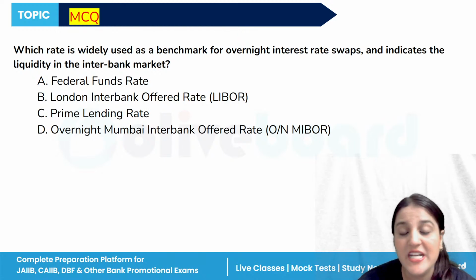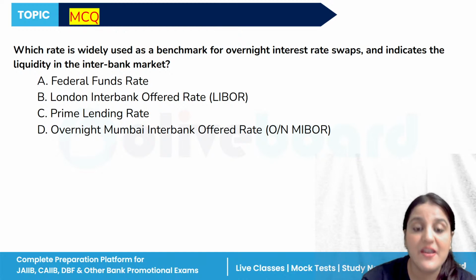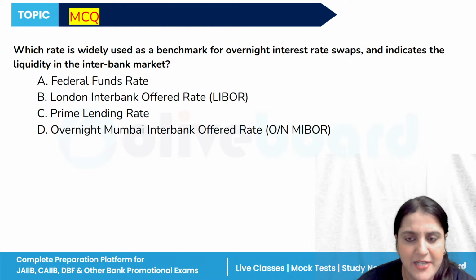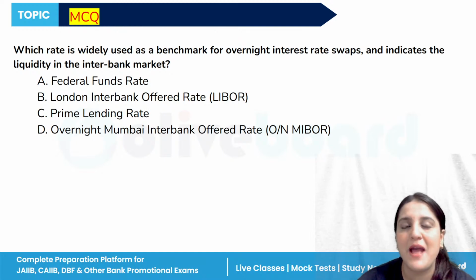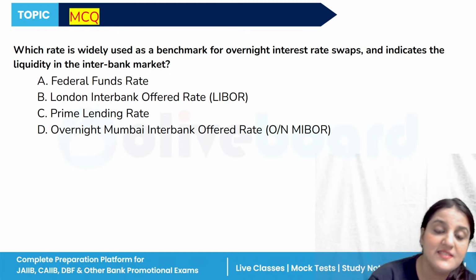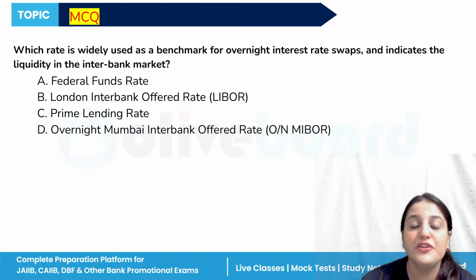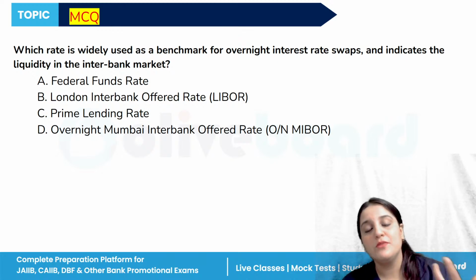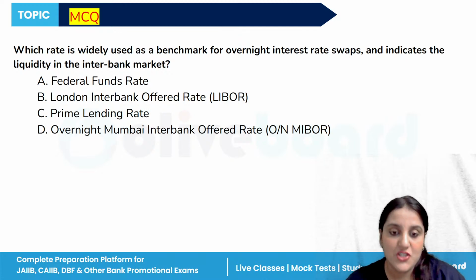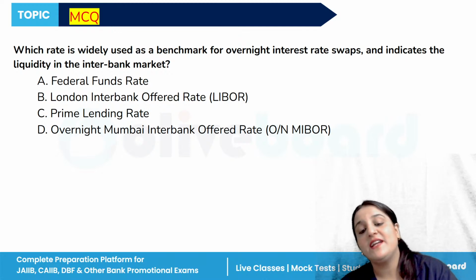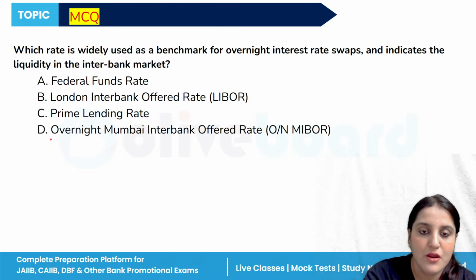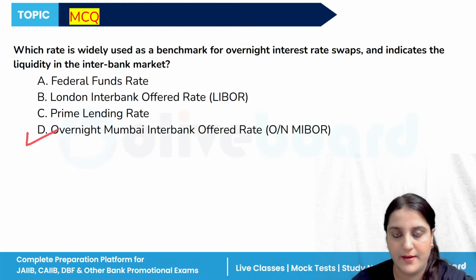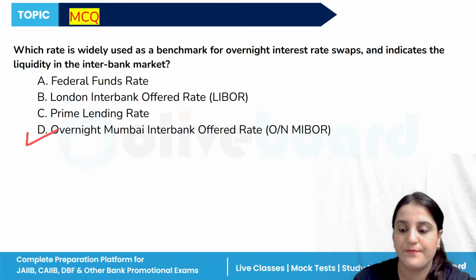Call money rates indicate the liquidity available in the interbank market, and the overnight Mumbai interbank offered rate is the indicative rate for call money, fixed daily in the morning, and widely used as a benchmark rate for overnight interest rate swaps. So here option D is correct. Understood? Option D is correct. This rate is widely used.